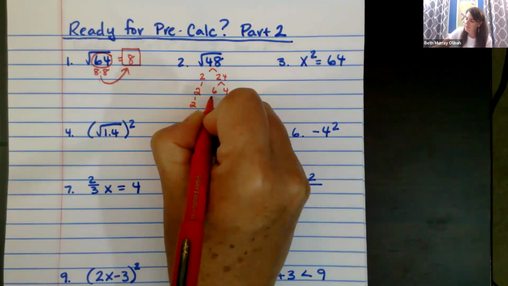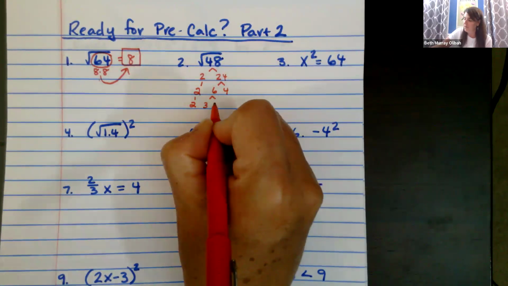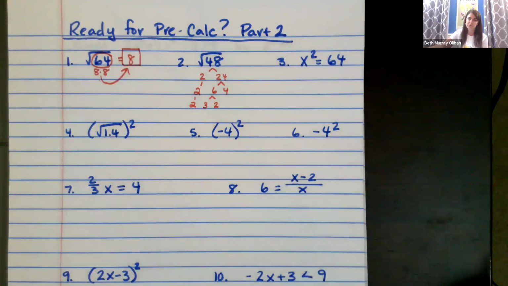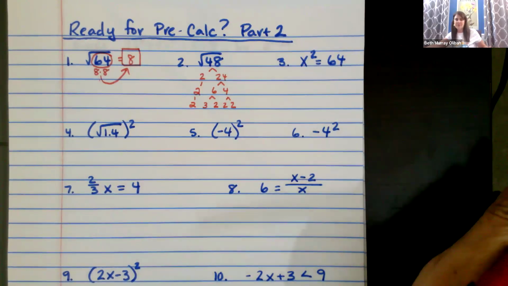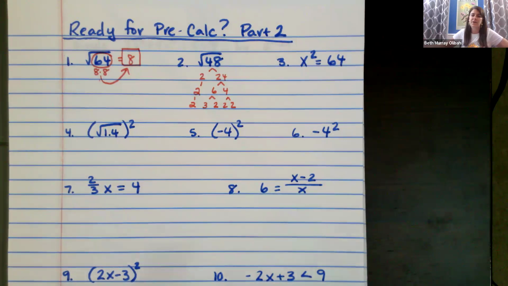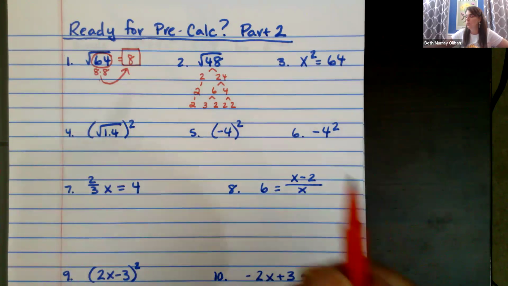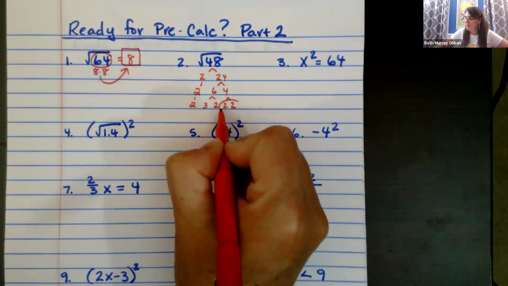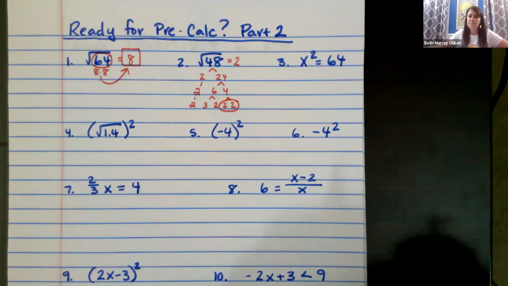Again, 2 is done. 6 I can split up. Be careful, not into 3 and 3, but 3 and 2, because I need two numbers that multiply to 6. And then 4 is 2 and 2. So I've split this up as much as I possibly can. Now remember, 2 of any number inside a square root is the same as 1 on the outside. So these two get to come out as 1.